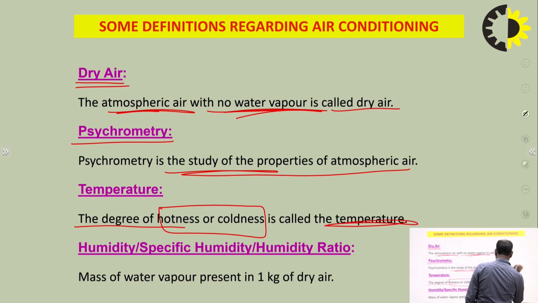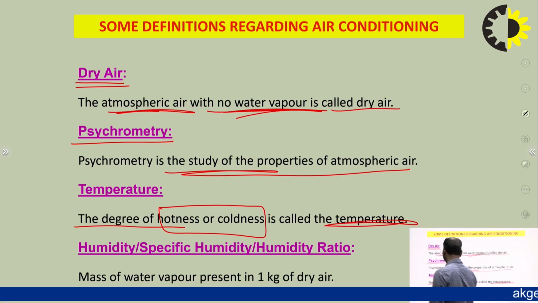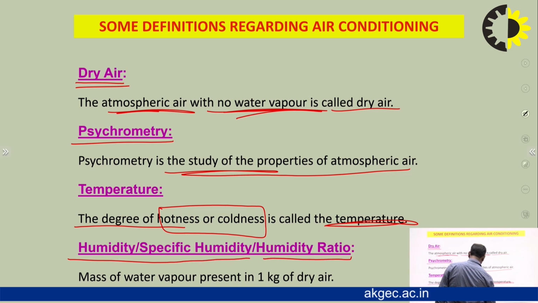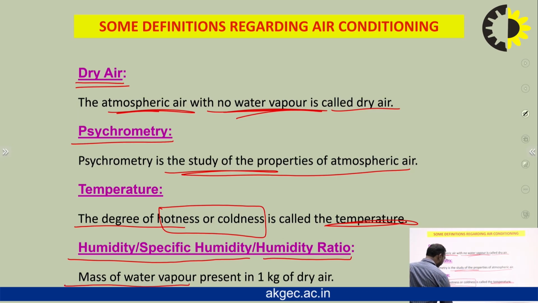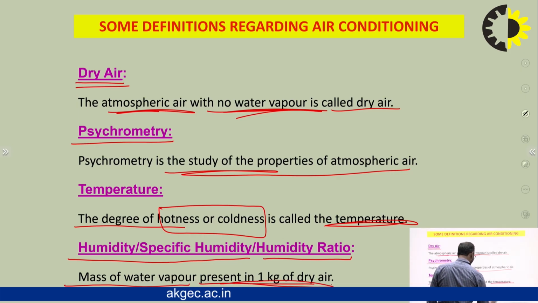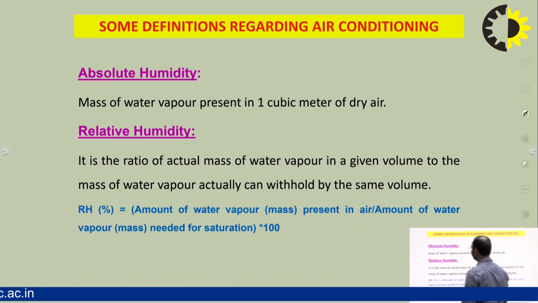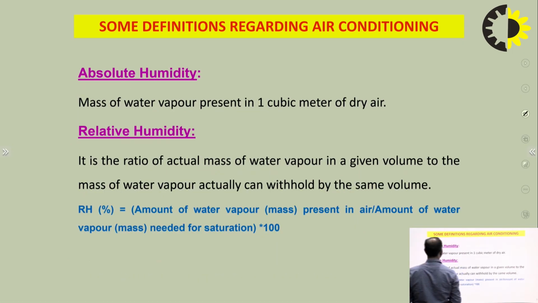Then another important definition is humidity, also known as specific humidity or humidity ratio. It is the mass of water vapor present in 1 kg of dry air. Then what is absolute humidity?